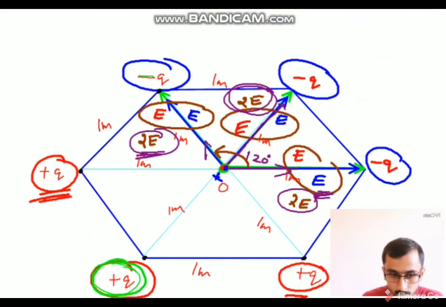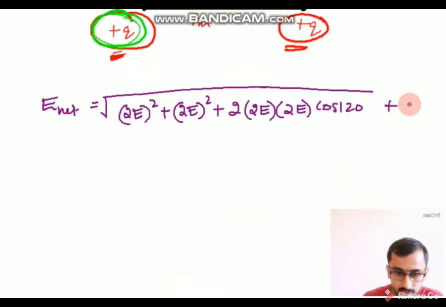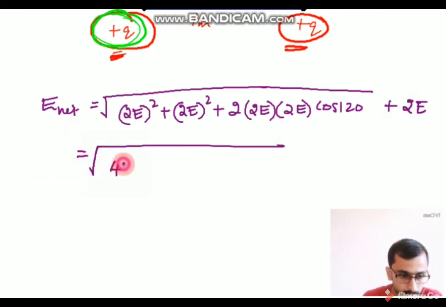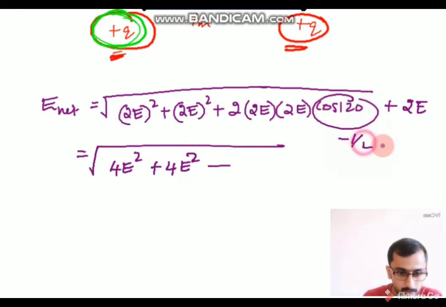And to the resultant of these two 2E, one more 2E must be added, because that 2E is already acting along that direction. That means you can write this as plus 2E. Now you just need to simplify this. So what do you get? This will be 4E square plus 4E square plus 2 times 4E square times cos 120, and cos 120 means minus half, right?